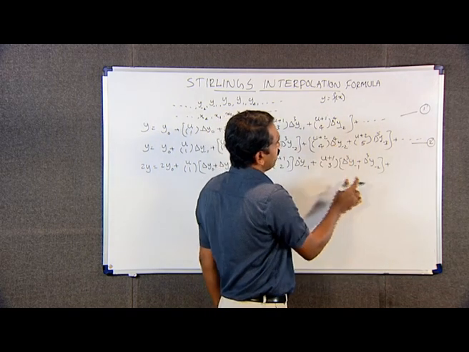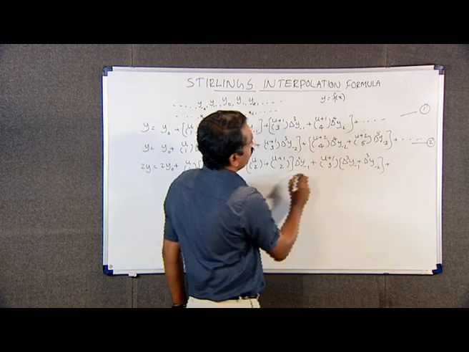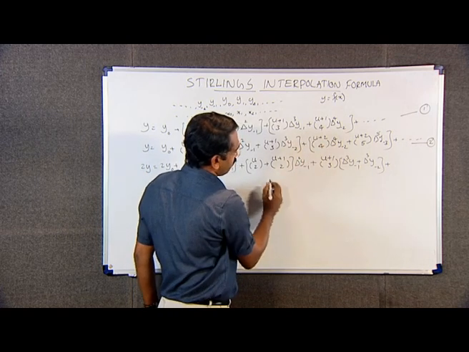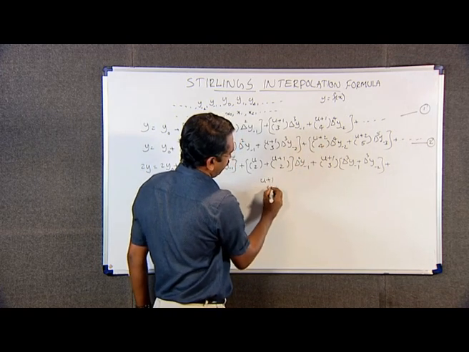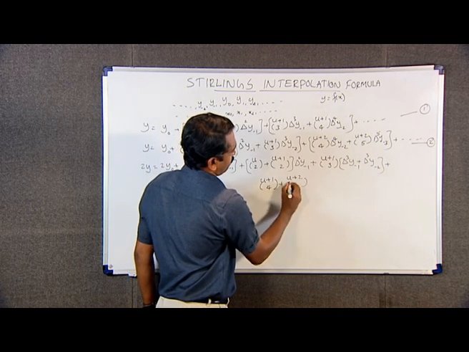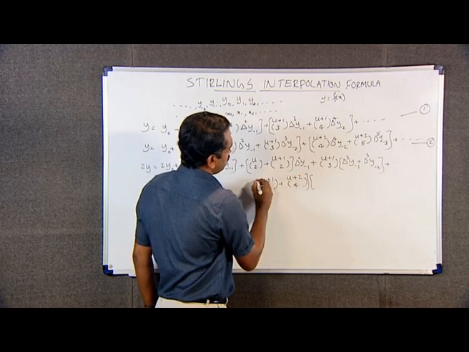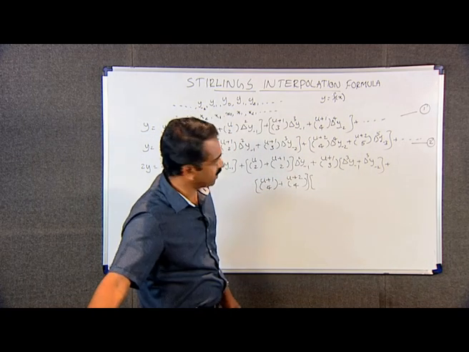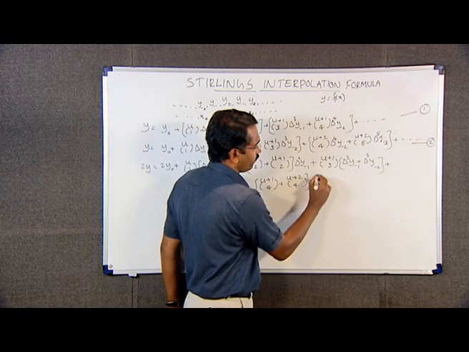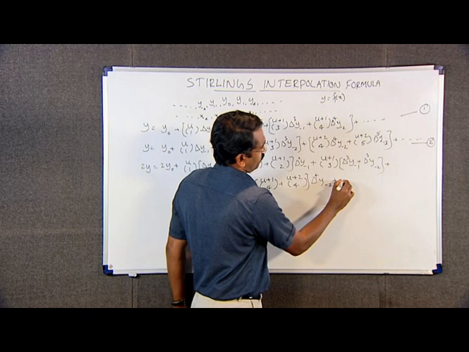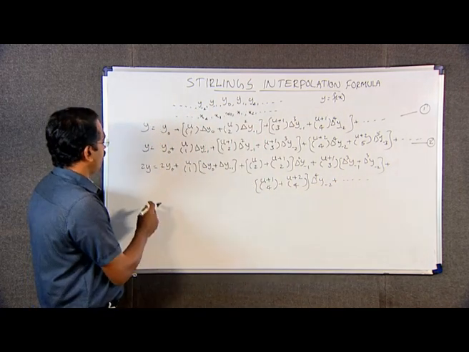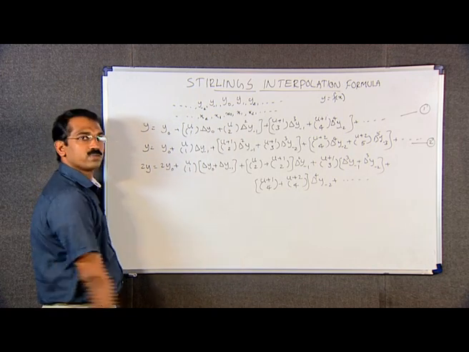We can write this as u plus 1 c4 plus u plus 2 c4 into delta raised to 4 y minus 2. Plus etc. Now, we divide both sides by 2.